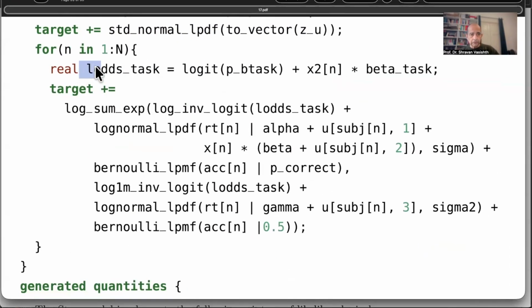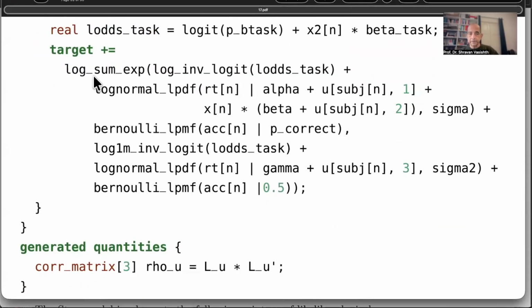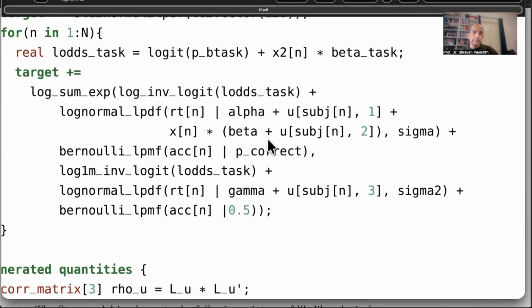Same thing again. We have the log odds task like before, and then log sum exp comes again, and the same thing all over again. The only thing that changes now in the code is that we are putting in not just the alpha plus beta, but the adjustments by subject. It's that easy.